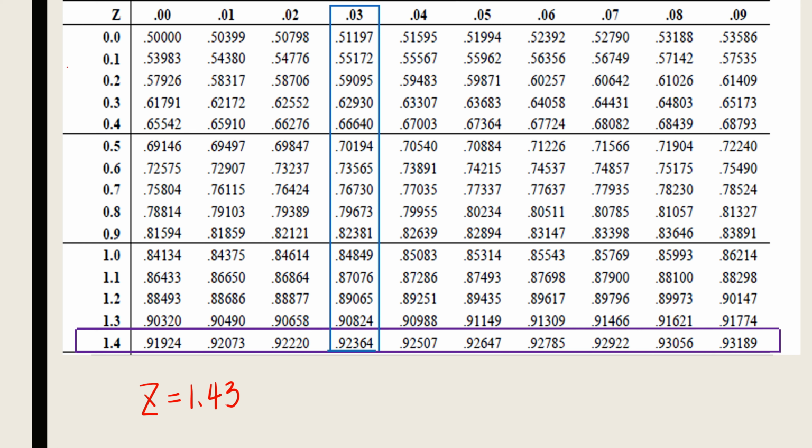In the columns, we can identify the first decimal, 1.4, which is here. And in the row here, we're going to find the second decimal, 0.03. Then we will locate the area, which is 0.92364.